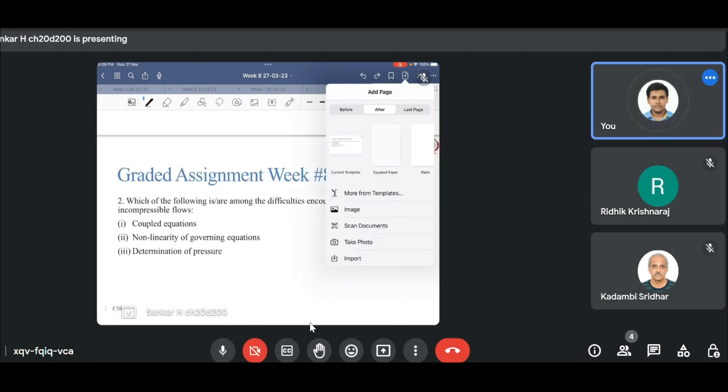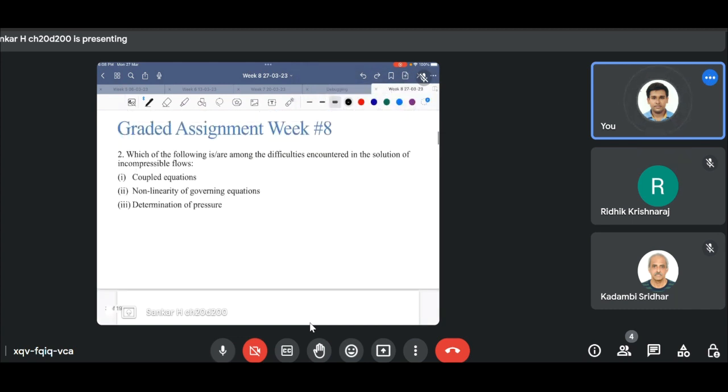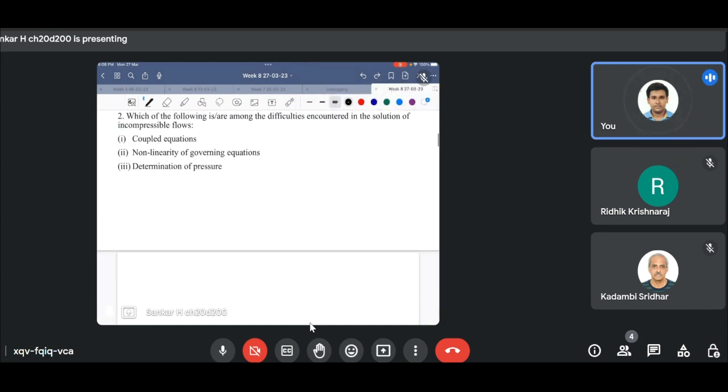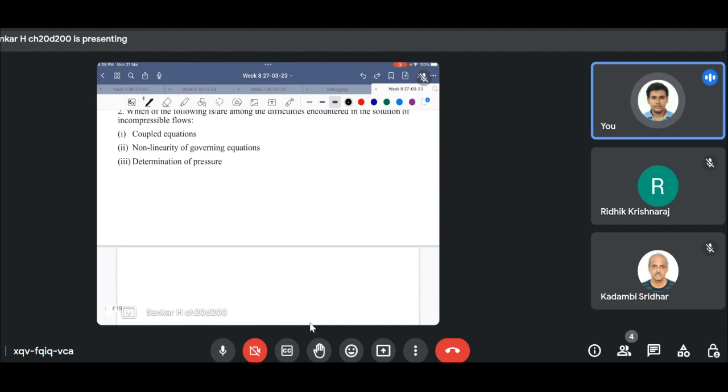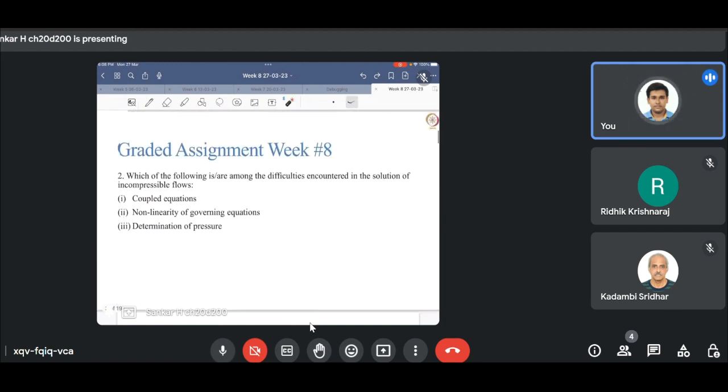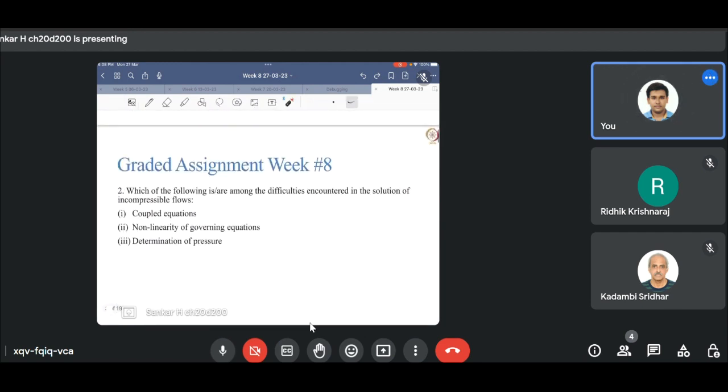let me just write down what we need to solve while solving incompressible flow problems.